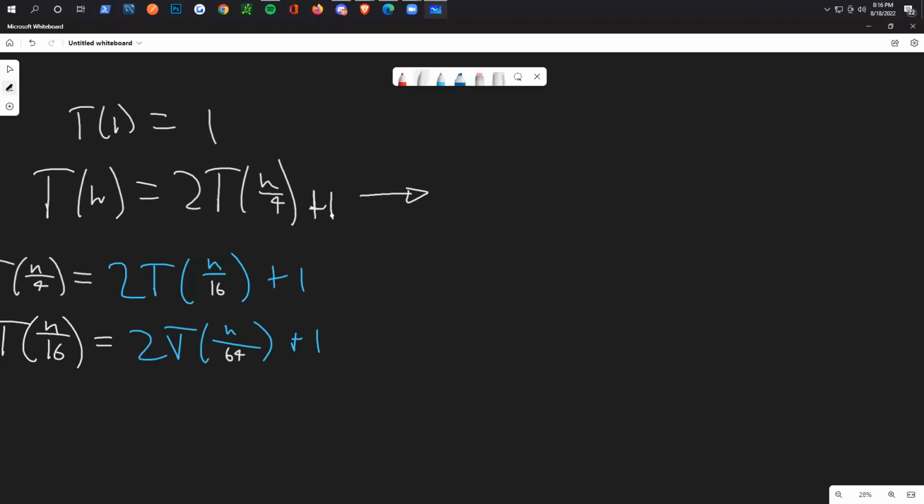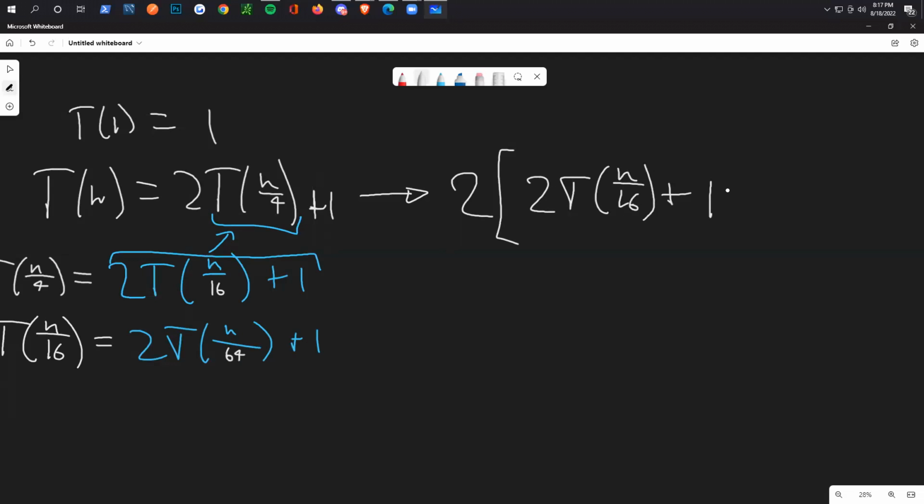So we already know what to do. Just got to plug this in for this right here. So let's do that. So 2 times, we're going to plug in the variable of T of n minus 3 divided by 4, so over 16, plus 1. And remember, don't forget, the plus 1 on the outside. So let's distribute.